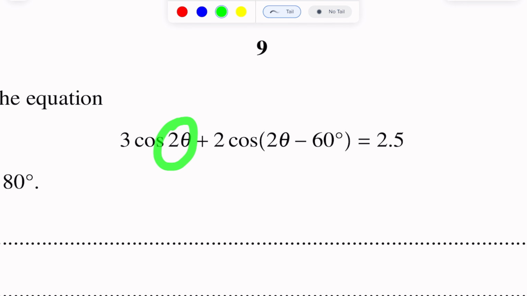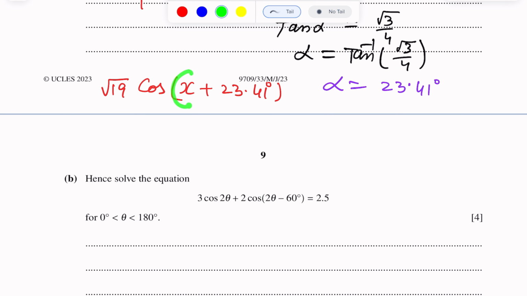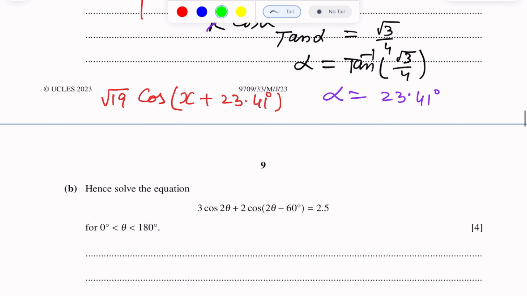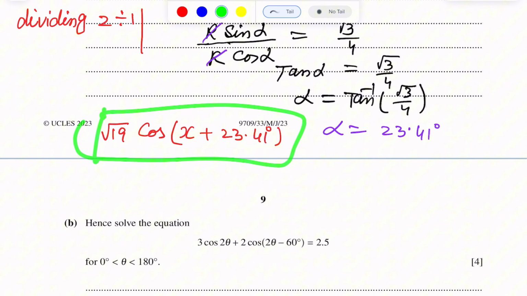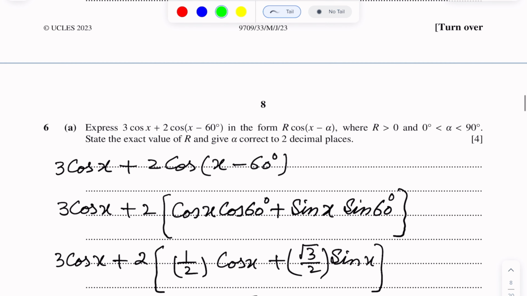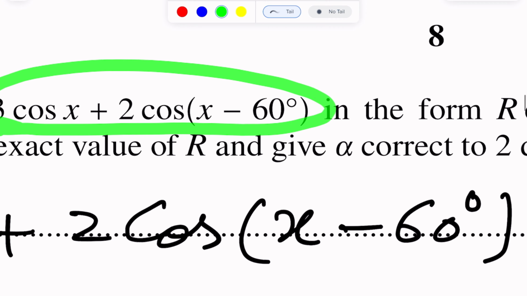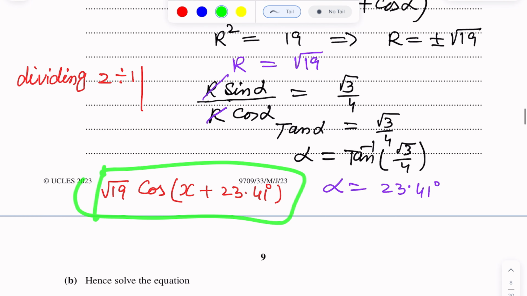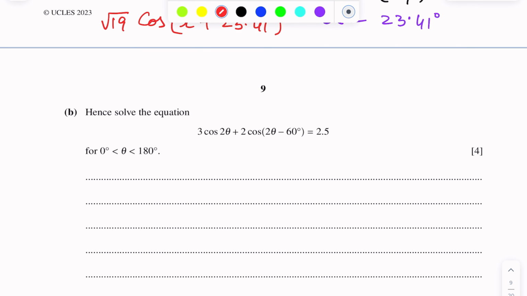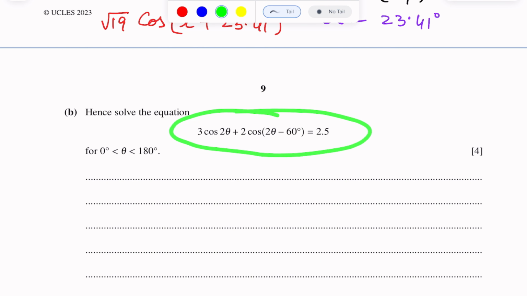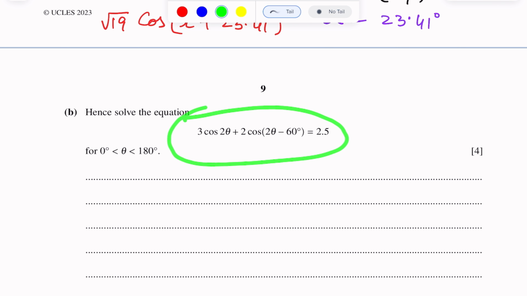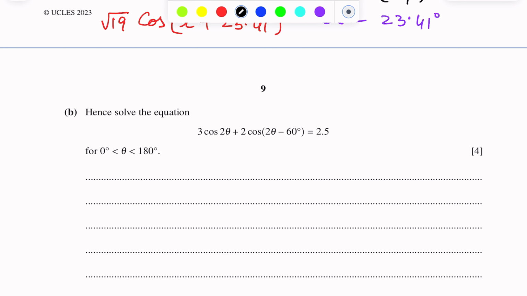Now in place of x, we are putting 2 theta. We put 2 theta in place of x in this relation, because this is the other form of this expression. So we can write this equation by replacing x by 2 theta.